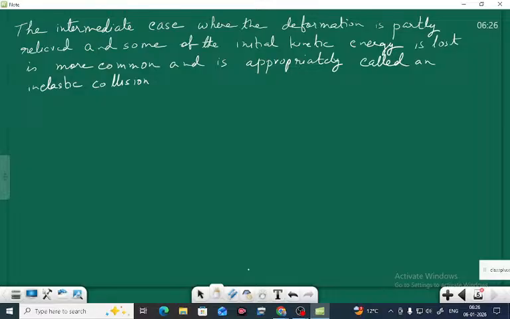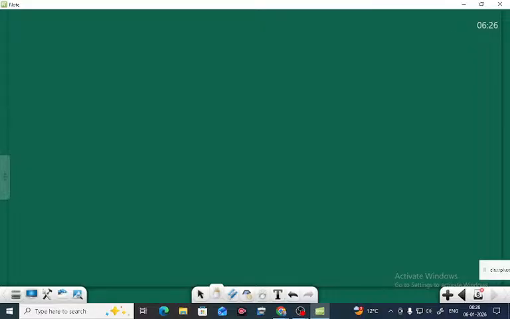Let us find the various factors coming in collisions in one dimension.